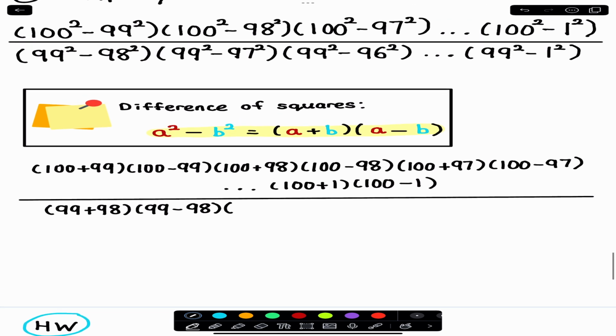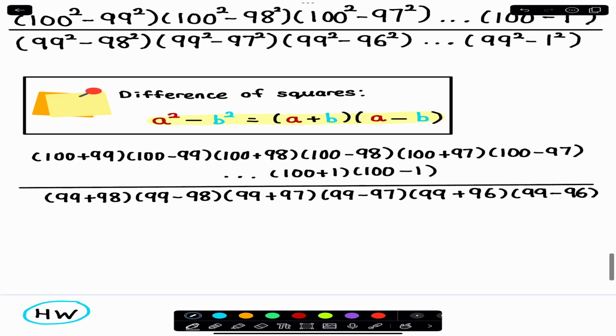And do this for every single term. 99 squared minus 97 squared is the same as 99 plus 97 times 99 minus 97. 99 squared minus 96 squared is 99 plus 96 times 99 minus 96. This is going to continue until 99 plus 1 times 99 minus 1.